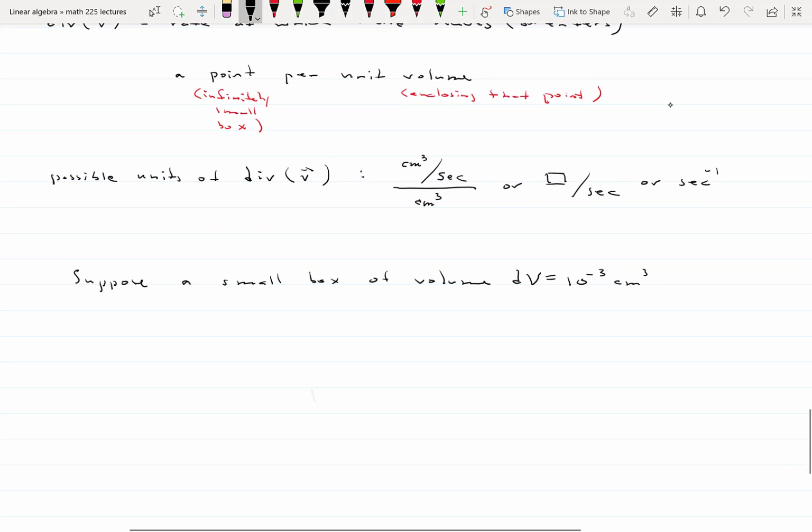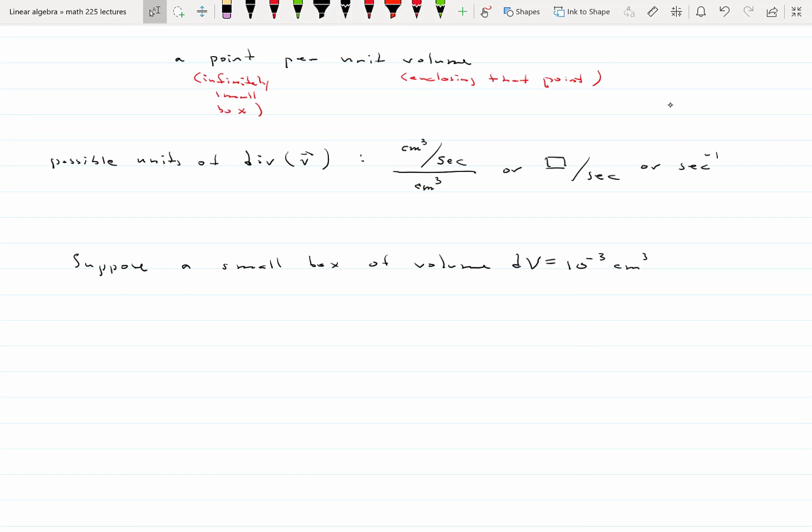It's pretty tiny. It's not that tiny, but that's tiny enough. And that box encloses the point 1, 2, 3. So here's the red point 1, 2, 3, and I have some box that encloses that point. So that point is inside the box. Hard to draw a point in a box. So there's a point inside of a really, really small box.